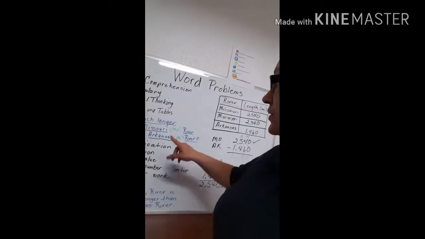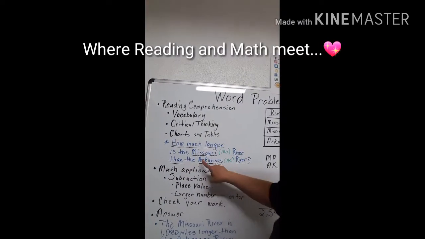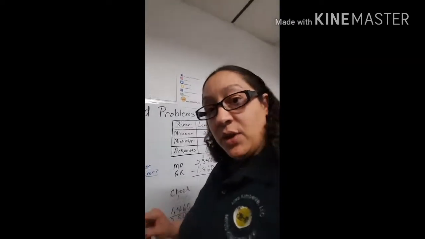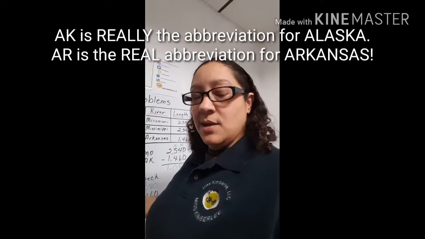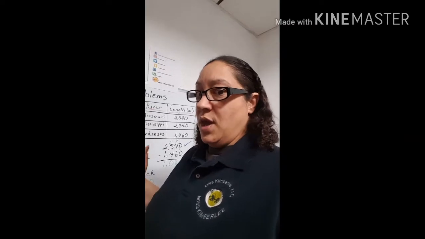If you have the book, you can follow along. If not, I pretty much wrote everything on here. So first of all, here's the question. How much longer is the Missouri River than the Arkansas River? It doesn't have the green part, but I thought it was important to introduce abbreviations of the states just in case they see it later on or have a test on states and capitals or abbreviations.